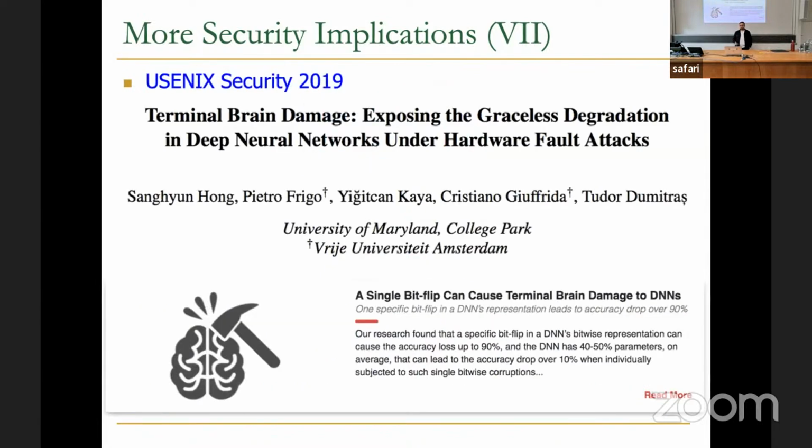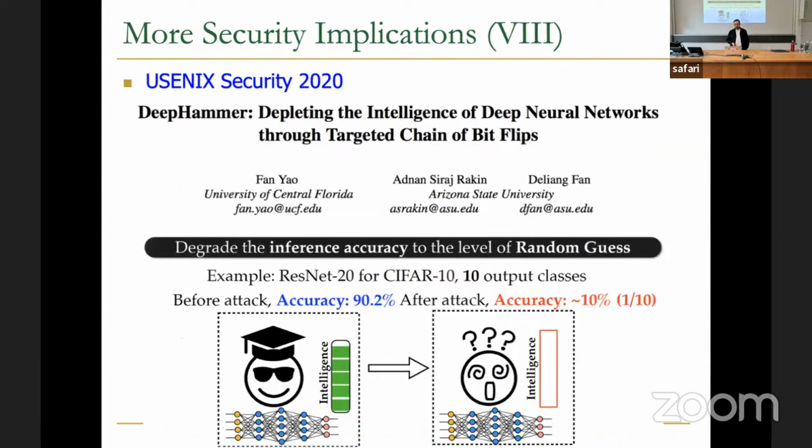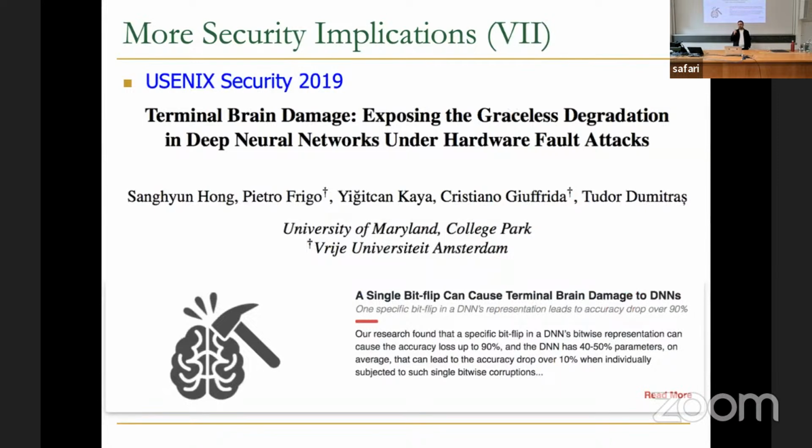There are works, two works actually, that came in 2019 and 2020 that show that you can induce bit flips in a guided way, again, to some weights in some neural networks. So it was the top of the hype of, maybe not hype, the deep neural networks, right? It's quite popular in many workloads. We use deep neural networks.